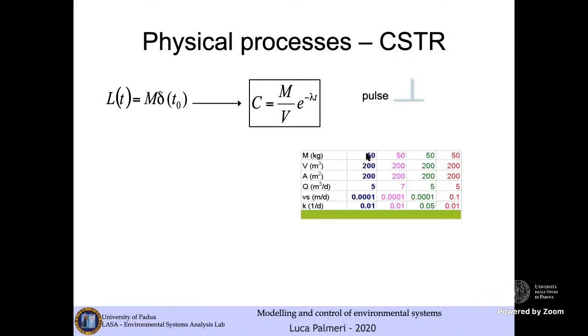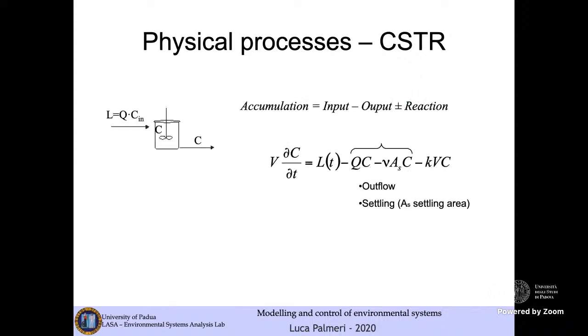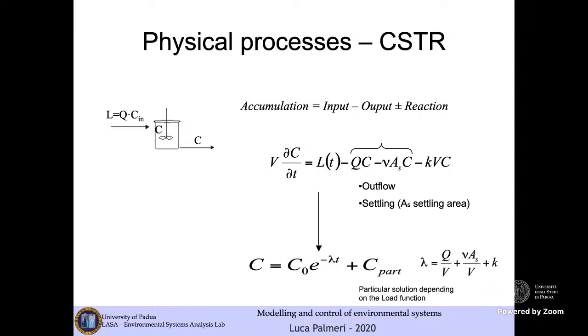In this case, we have some examples in which we change the value of the parameters. In particular, the parameters here are the quantity of material just discharged into the system, the volume of the system, and a lambda exponent coefficient that, I remind you, includes all the terms linked to discharge plus settling plus transformation.